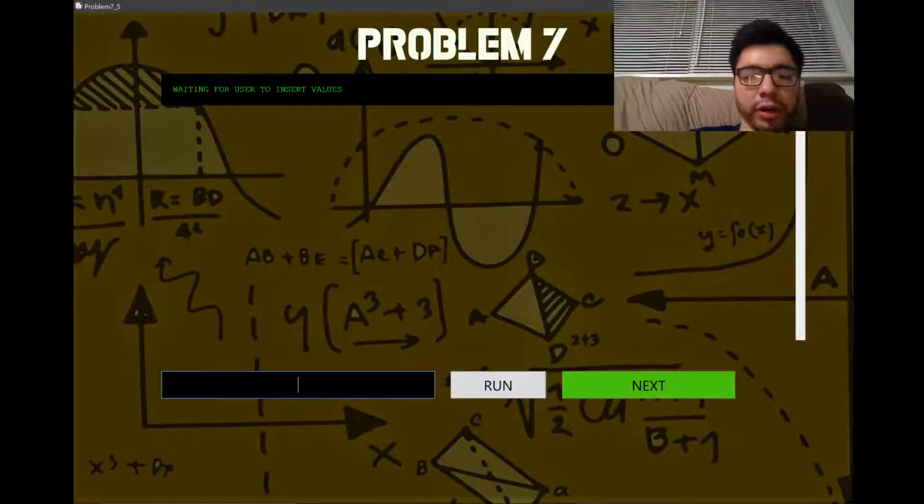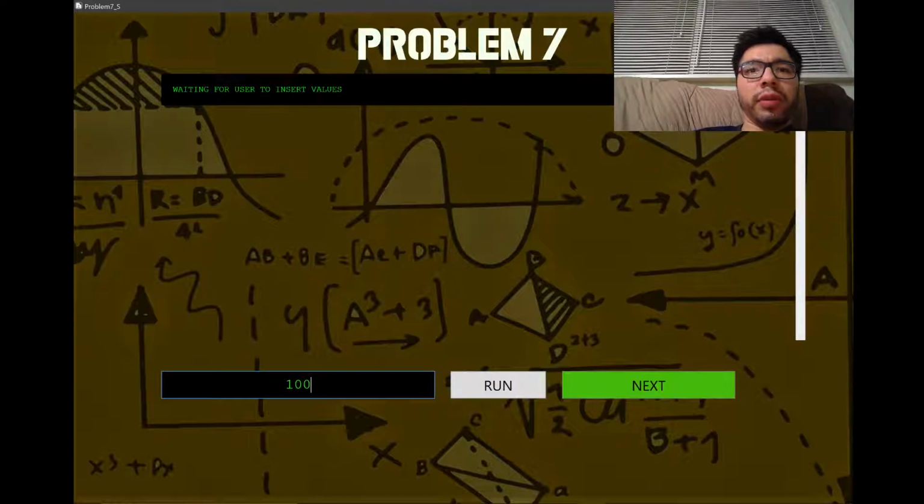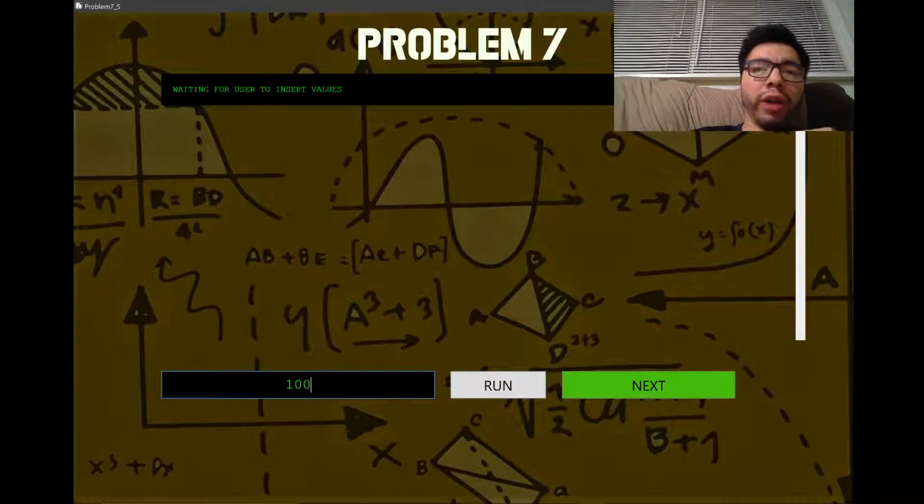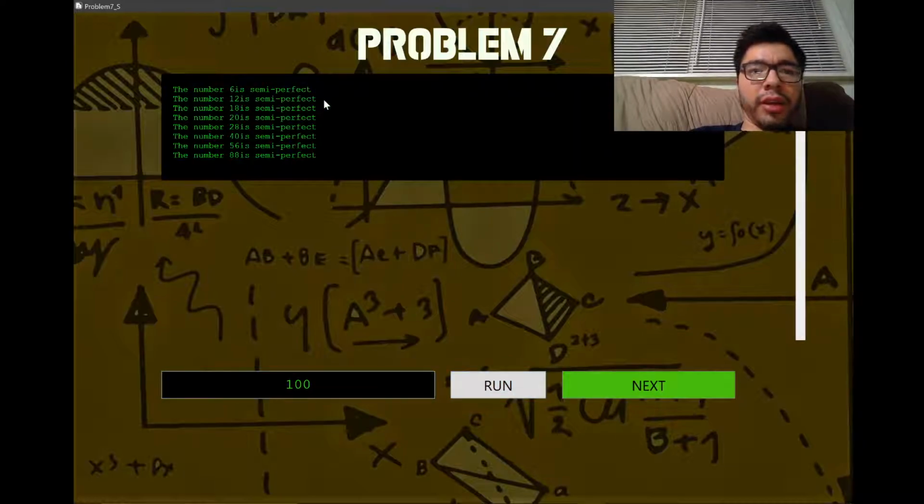Here, I'm going to insert 100, and the program is going to show me from values 1 to 100 what values are semi-perfect. Here is showing me all these numbers that are semi-perfect.